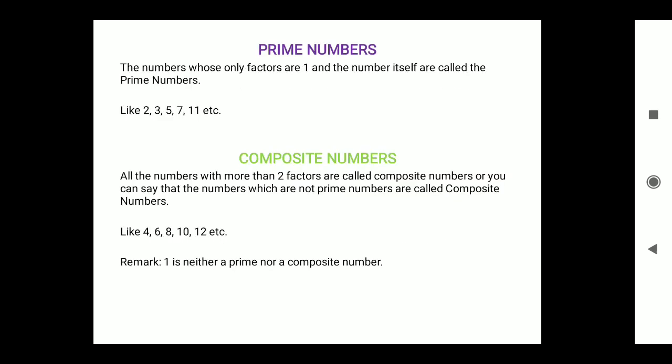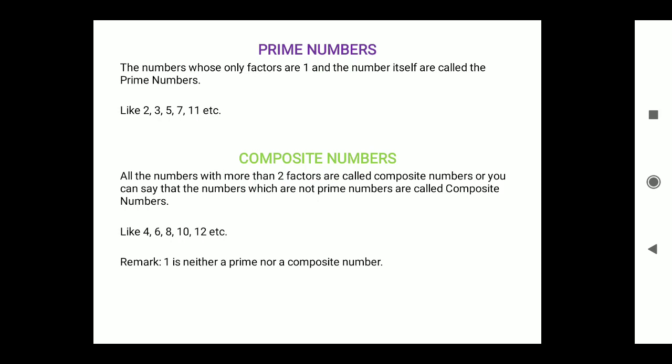Prime factor. If I ask you what is a prime number? A prime number is a natural number greater than 1 that cannot be formed by multiplying two smaller natural numbers. A natural number greater than 1 that is not prime is called a composite number. For example, 5 is prime because the only way of writing it as a product is 1 into 5 or 5 into 1.